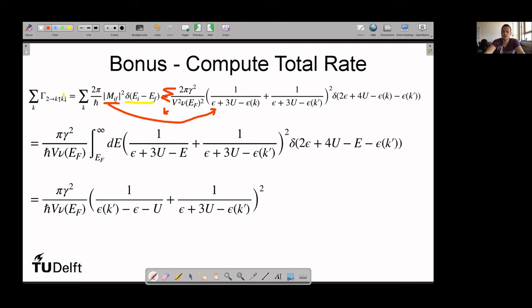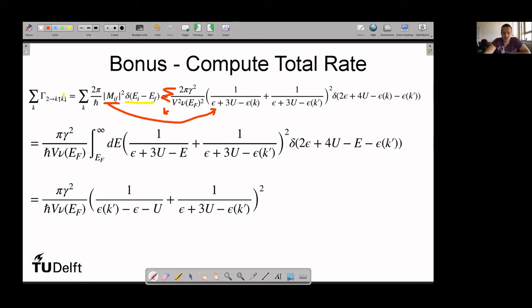And we need to take the square of this matrix element, write down the energy difference being what? The initial state having 2 electrons at the impurity, minus having 2 electrons with different k and k prime at the metal. So here is the energy difference. And we have the matrix element that is squared here.